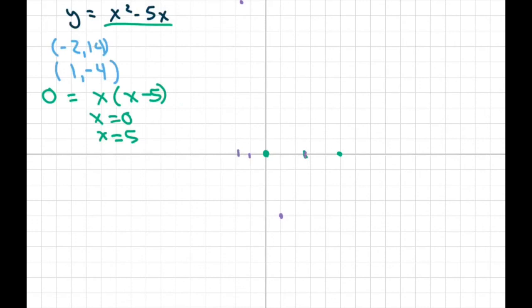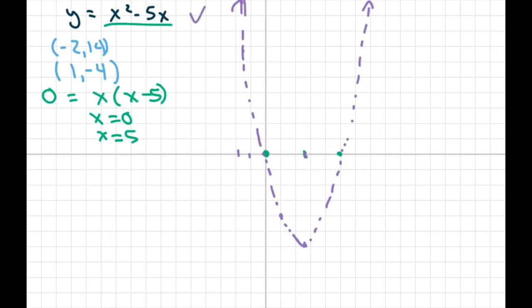If I plug that in, I'll be down in here somewhere. So just sketch this graph. So we're going through 0 and -4 here. And then I'm not sure about the vertex, but I'm estimating that. Go back up here. Kind of sketch it here. So there's your graph of this.